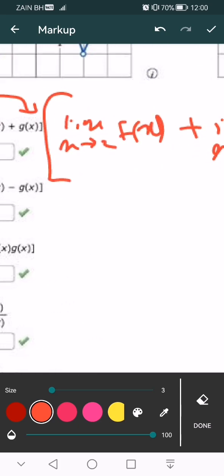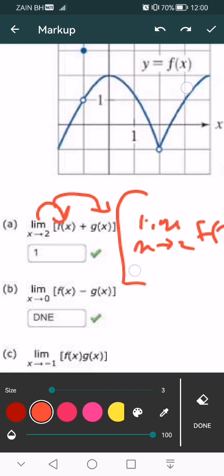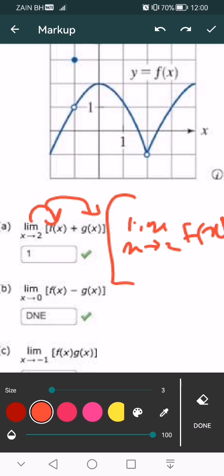Okay, what is the value of this one? When I go to the graph of f of x, I also have to check one comment. When I say limit as x goes to 2, what it means is I can find the value if the limit as x goes to 2 from the left side is equal to the limit as x goes to 2 from the right side.